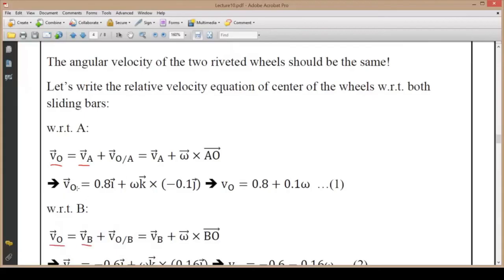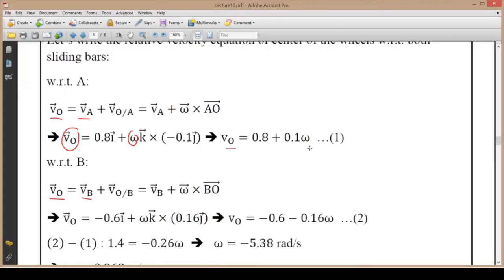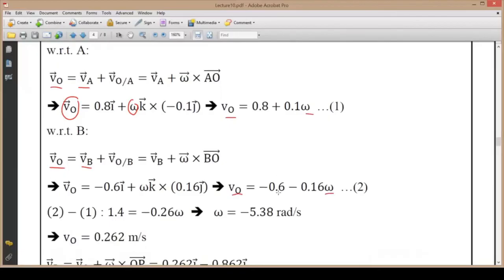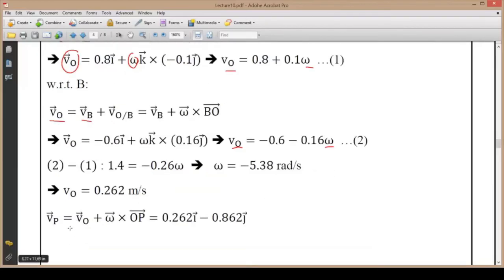You will have two unknowns, V0 speed and omega, and two equations to work with. Therefore, you will solve V0 and omega from these two equations. And then you can write a third equation for Vp, making use of V0 and omega, which are already found in the previous step, and that's your result.